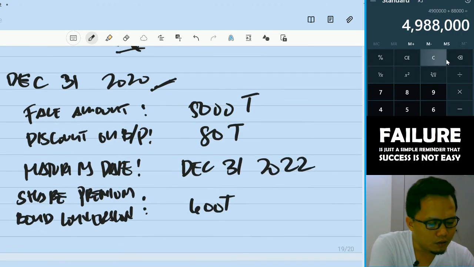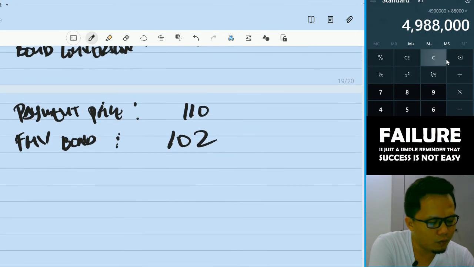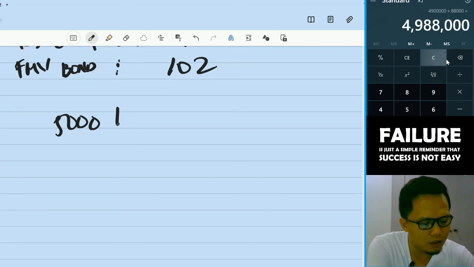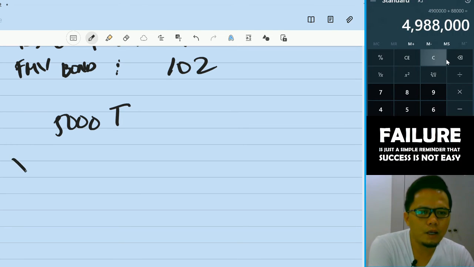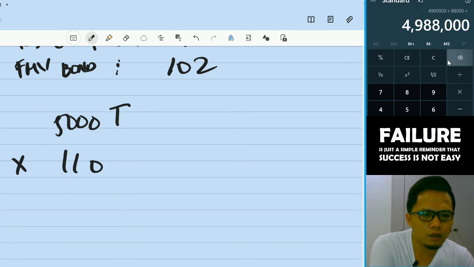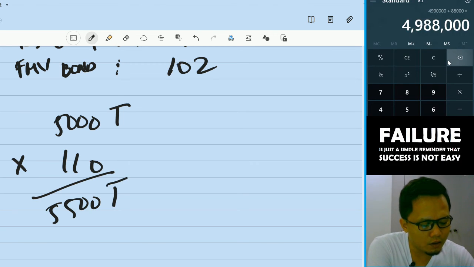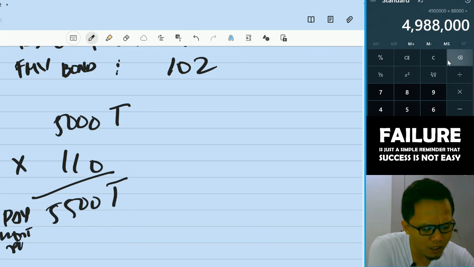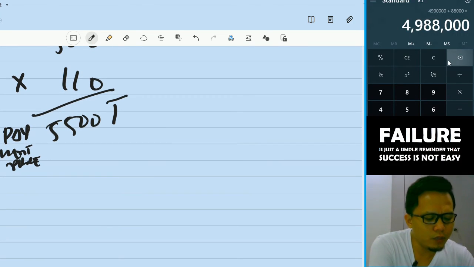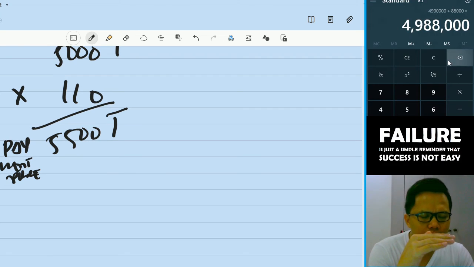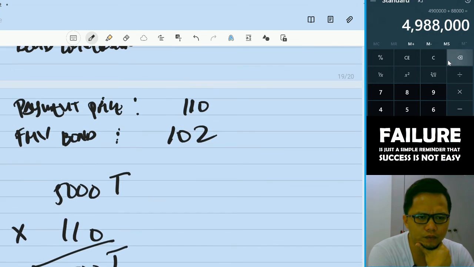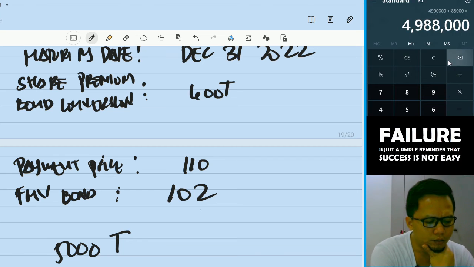So in this particular case, the issue price of 110%, which is basically 5 million times 110, that is 5,500,000 na extinguishment price or payment price or retirement price, should be allocated to the liability portion and the equity portion using the fair market value of the bond, which in this case is at 102.